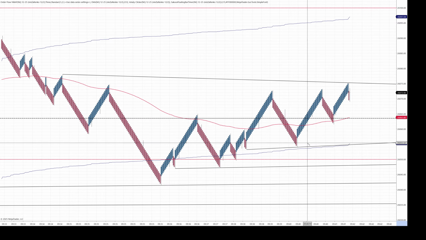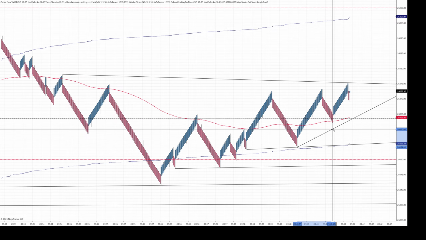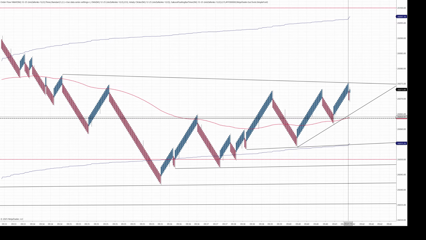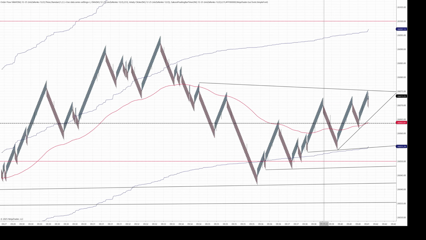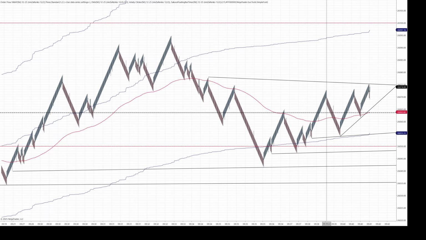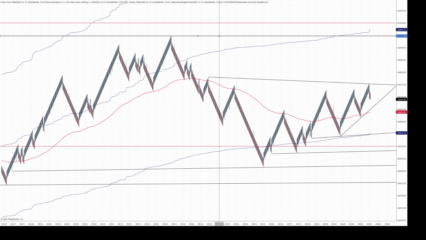We have this trend line as well. You can see we're in this wedge. If you zoom out, all-time highs are up here at 26,094.75.